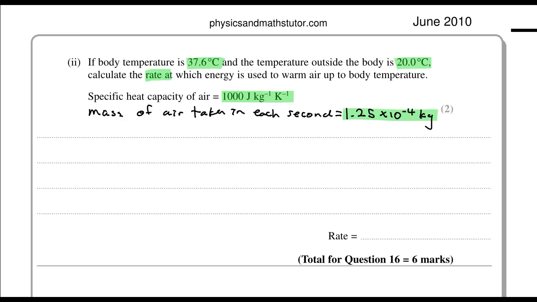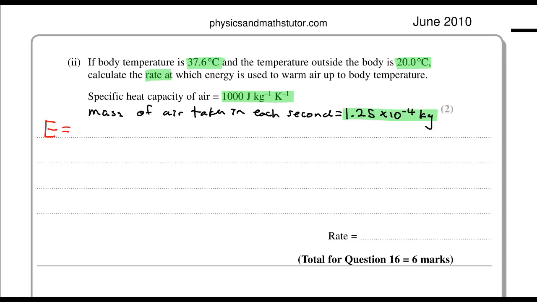So we have a change in temperature of the air, and to do this there needs to be some energy input which comes from the body, and we need to find that. We are given the specific heat capacity, and that should remind us of the equation we can use to find the energy that needs to be given to make a change in the temperature of some amount of substance.